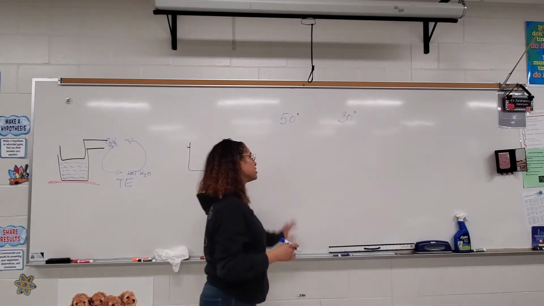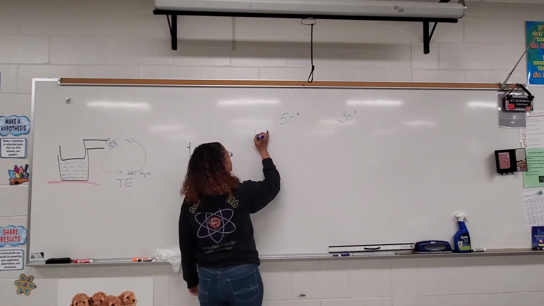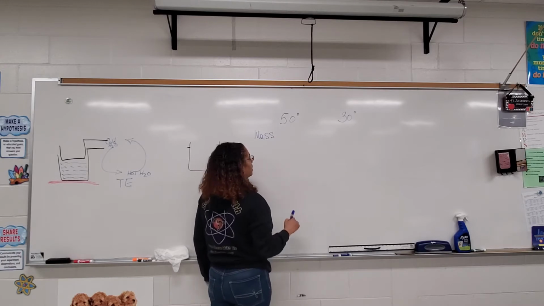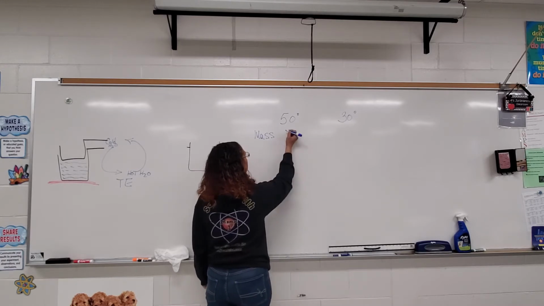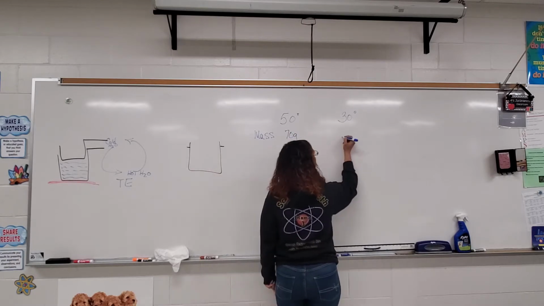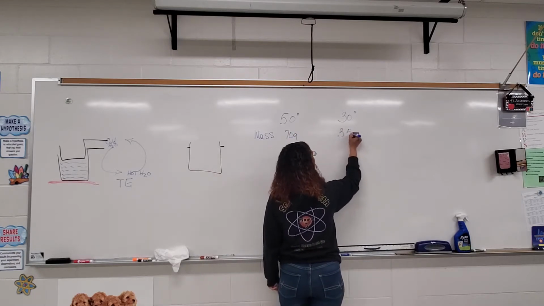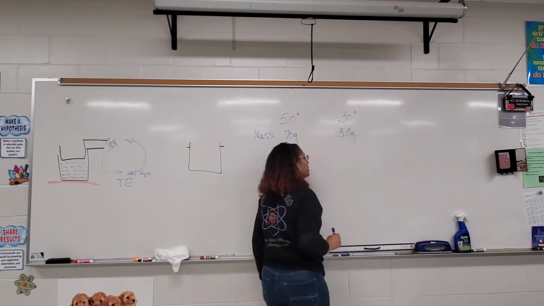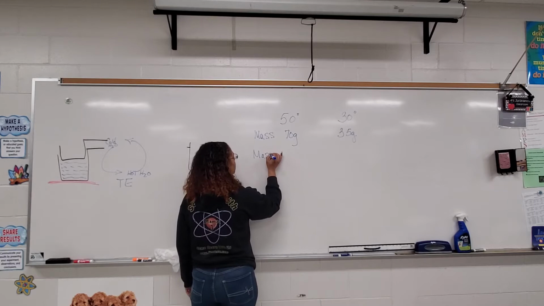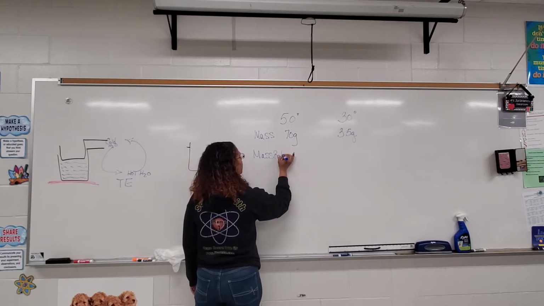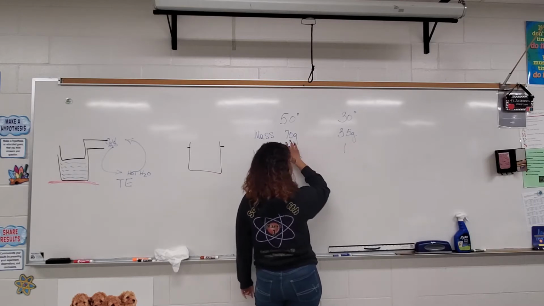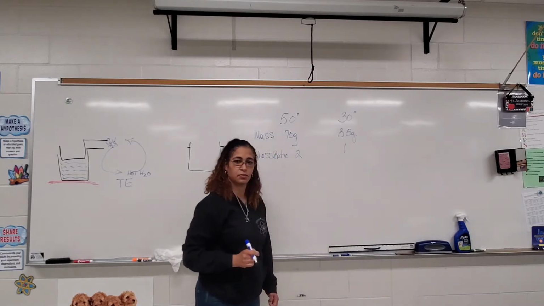Okay, and this sample has a mass of, let's say, 70 grams, and this sample has a mass of 35 grams. So the mass ratio here is 2 to 1, because this is twice as large as this.